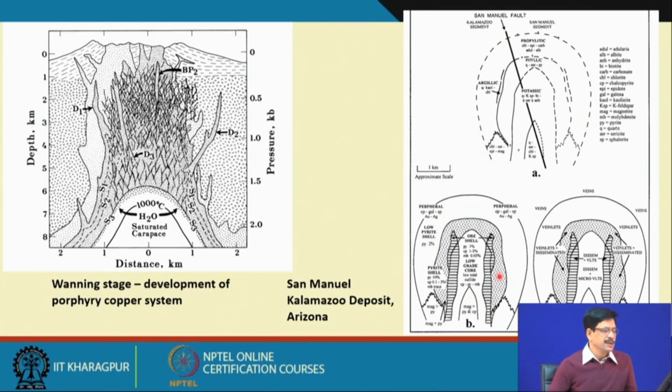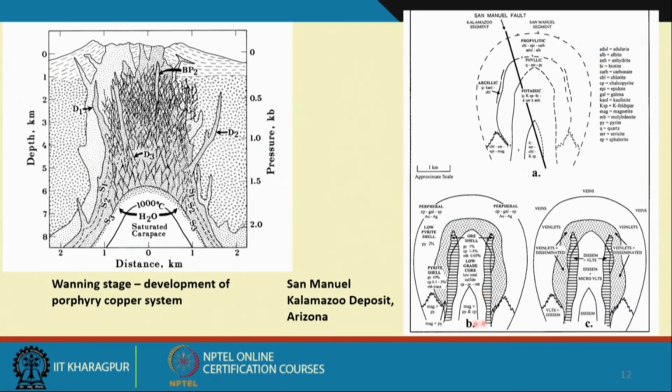So here this has a very good correspondence with the alteration which we will be discussing. The core part is also the highest temperature, and the fluid has all the signatures of a directly magmatically derived fluid with high salinity and very high temperature, and this zone is characterized by the kind of mineral alteration which we call potassic, for which we will see the reactions.